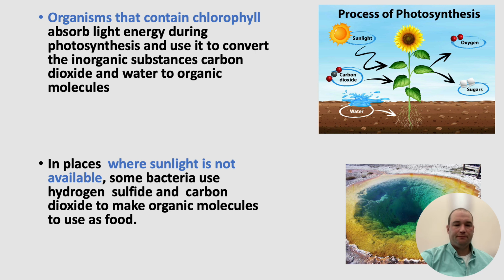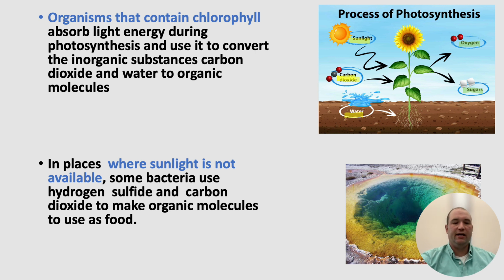So if we take a look here, we are taking CO2, water, and sunlight, and going through the process of photosynthesis to make oxygen and glucose, which in this case is our sugar.